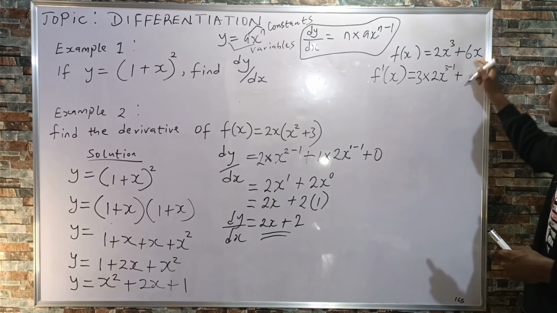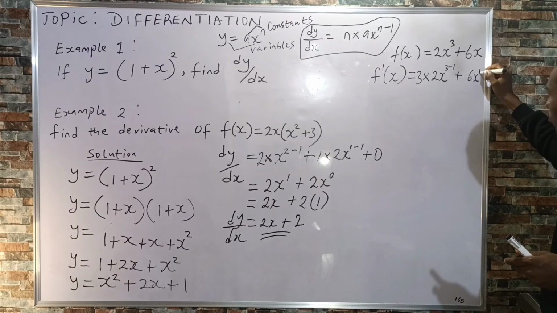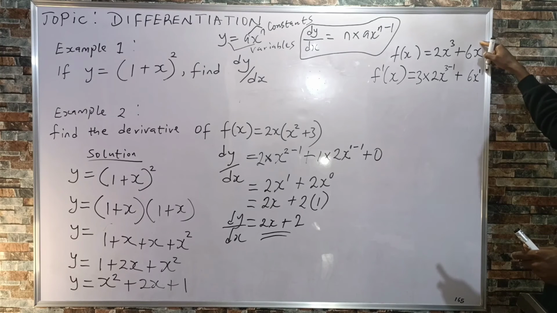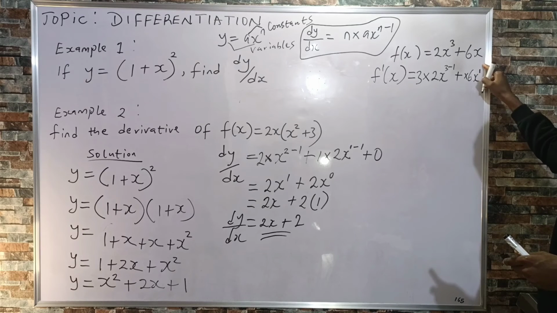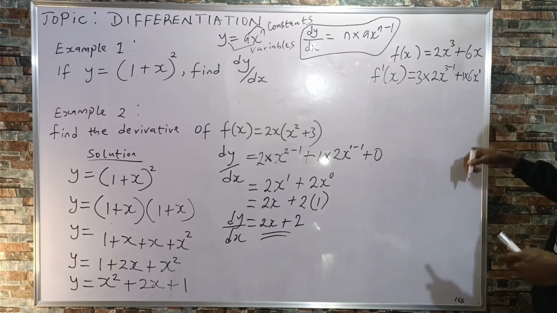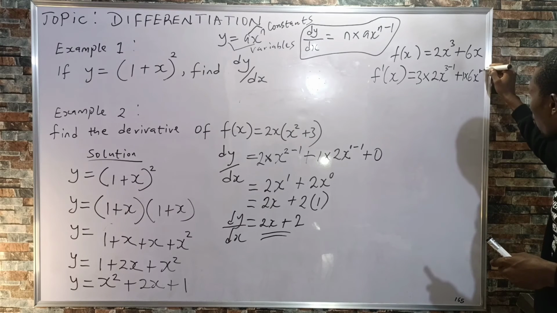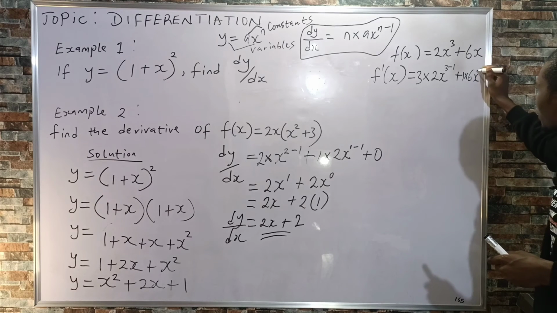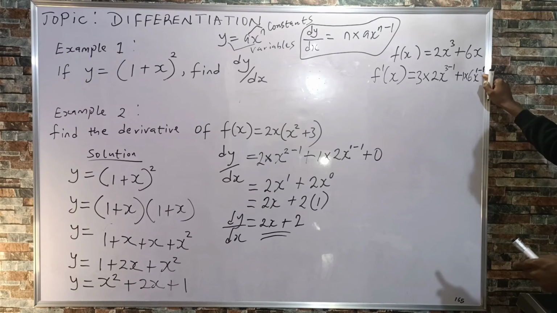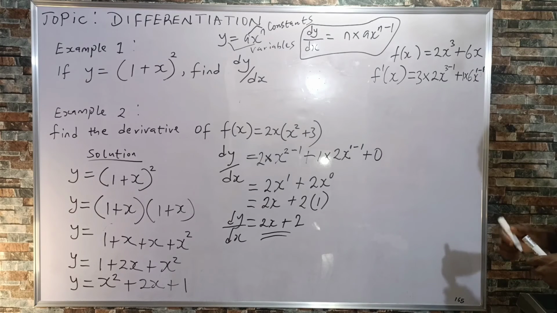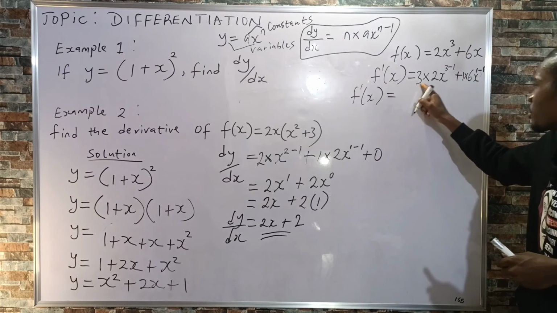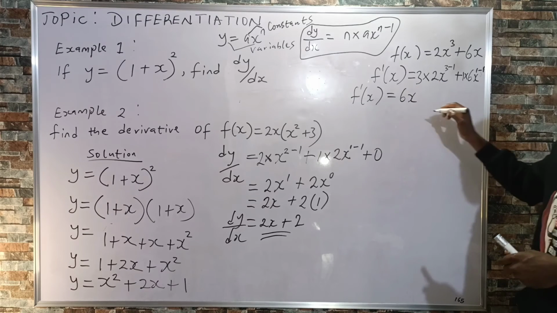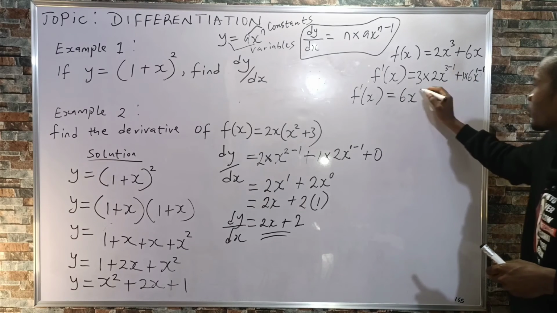Then plus, here we have 6x raised to invisible power of 1. Every natural variable has an invisible power of 1. So we shall multiply this 6x raised to the power of 1 by the original power of 1. Okay? Then we subtract 1 from the original power of 1, such that f prime of x is then equal to 3 multiplied by 2 will give us 6x raised to the power of 3 minus 1 will give us 2.